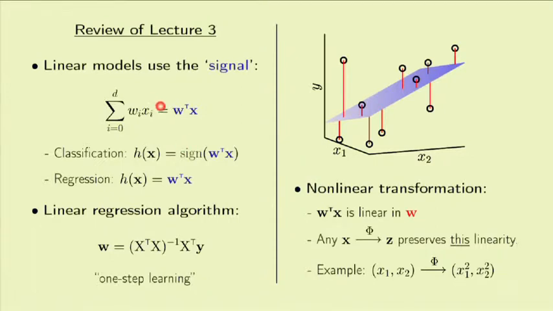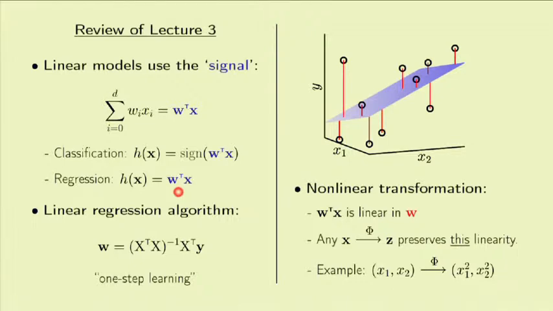And all linear models in one form or another have that as their basic building block. You can have a classification linear system like the perceptron that uses that signal and takes the sign of it to make a decision, plus or minus 1. Or you can take something like regression, which is real valued, that takes the signal as it is and has that as output.